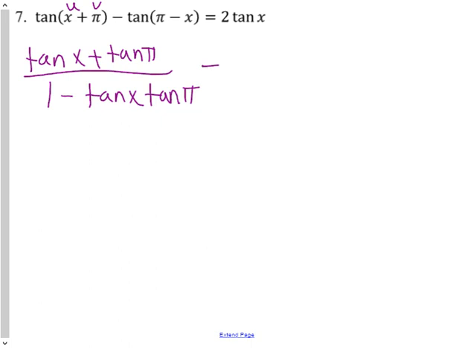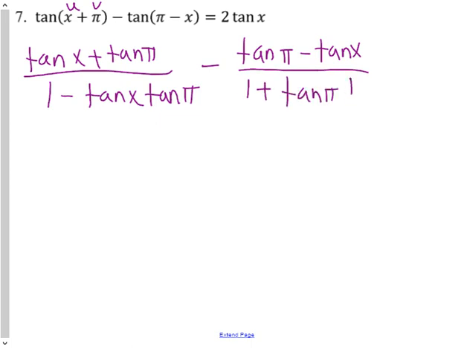And then we've got minus tangent, and now it's flipping. Notice when we have the minus sign here, that's going to be in the numerator, so tangent pi minus tangent of x over 1. Now it's going to be plus down here, tangent pi times tangent x.